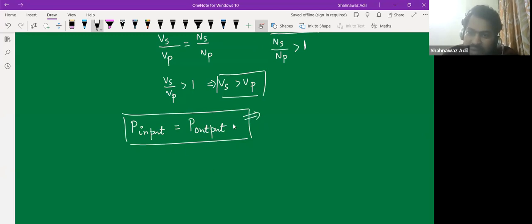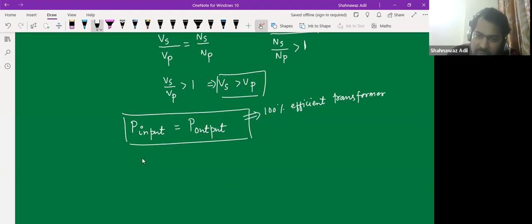The whole power is transferred. So this would be called a 100% efficient transformer. If efficiency is 100%, then whatever power I'm supplying, I'll be getting the same power in the output.